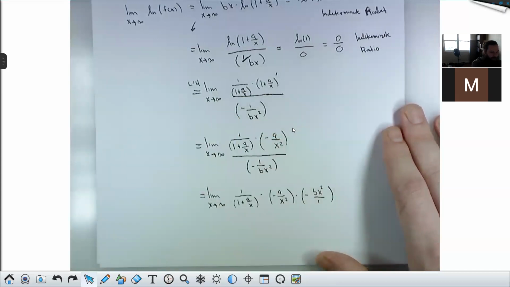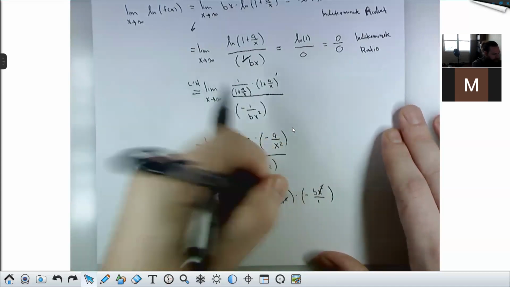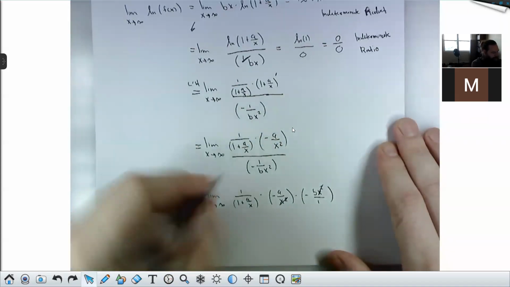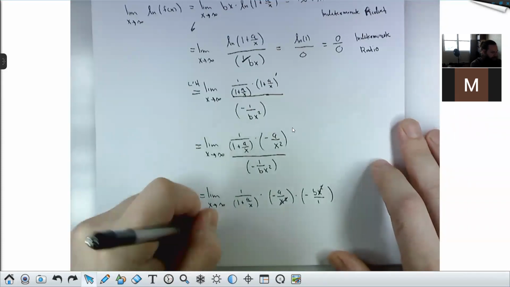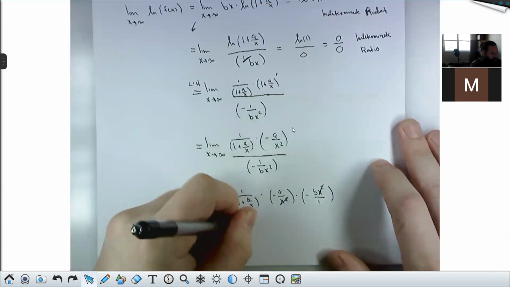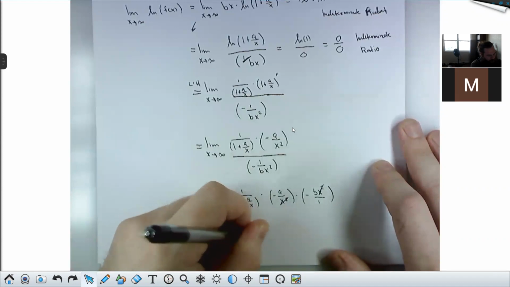And we can cancel the x squareds. Okay, and so now I have negative a times negative b, which is going to be positive a times b over this 1 plus a over x.